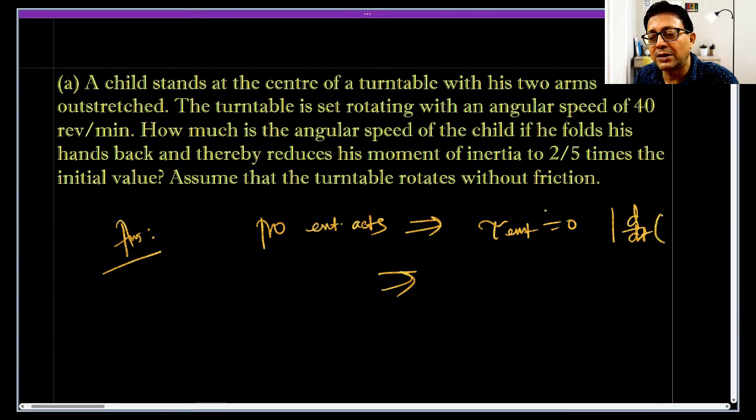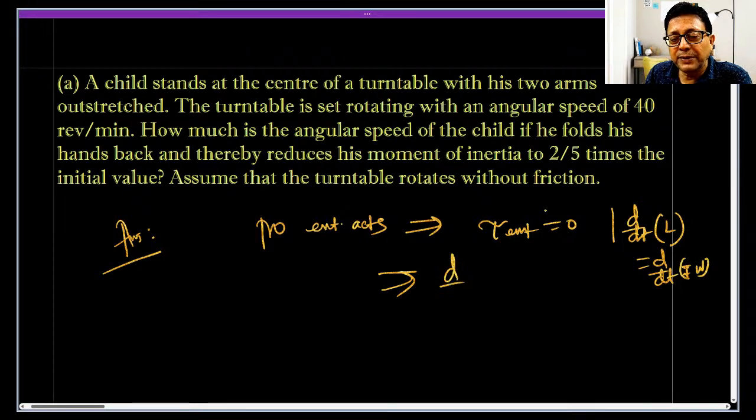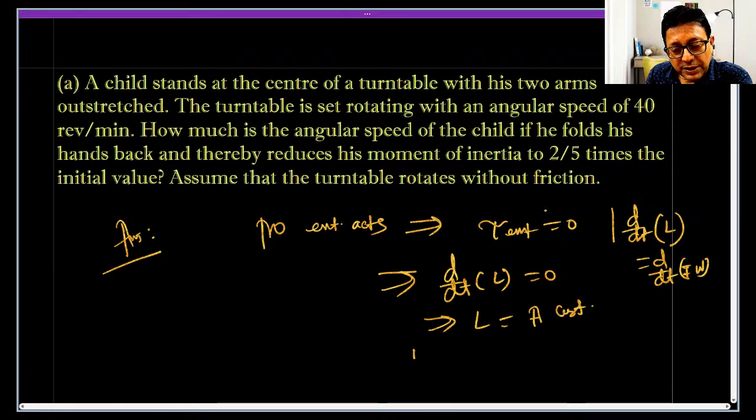This we did in theory class, d dt of L or d dt of I omega, d dt of L equal to 0. This implies L equal to a constant. That is, I omega equal to a constant.